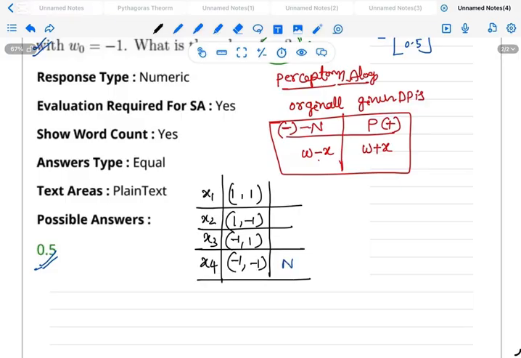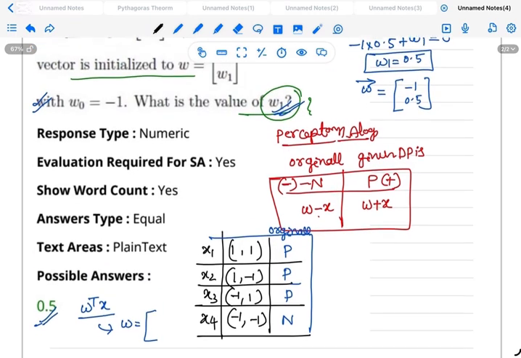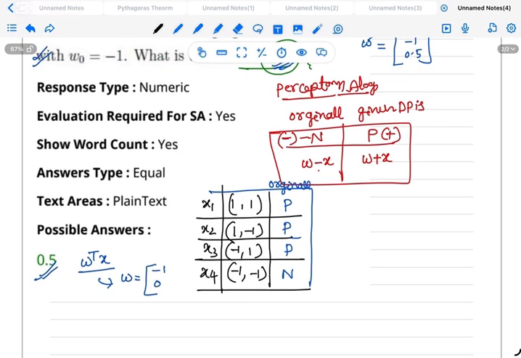It is originally given as positive, positive, positive, and negative, as mentioned in the question. Now find W transpose X. We already found the weight vector, which equals (-1, 0.5).